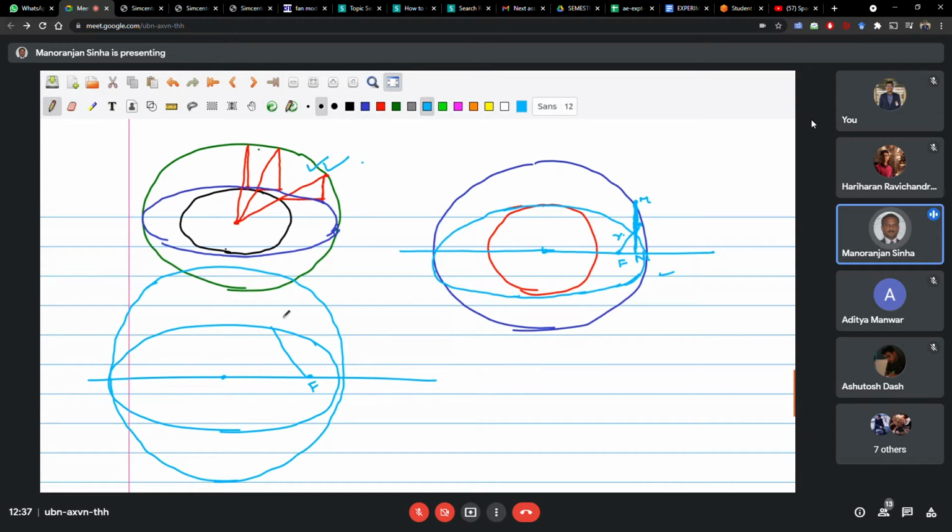The point P can lie here, and then a vertical is drawn from this place. This is M and this is N. So we will work out all these things. For the time being, we'll assume that this ratio is known to us, and then do some theory part. In the next class, I will do all those things.